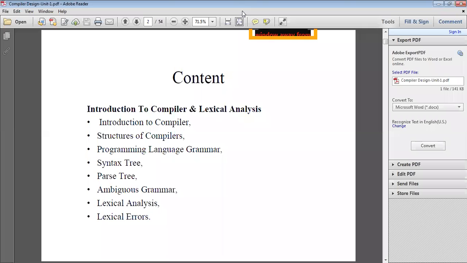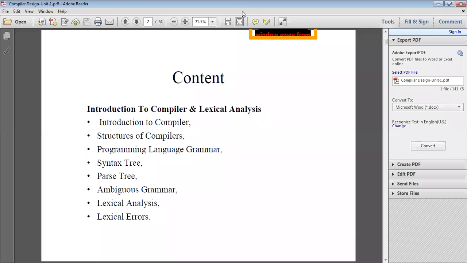So here the first topic is the introduction to compiler. What is the compiler? What are the translators? What are the different assemblers? All the compilers, assemblers and other system softwares we can define under the category of the translators. So what are the translators? Translators are the system softwares that convert one language to another.